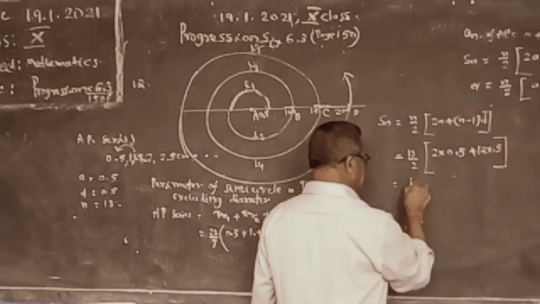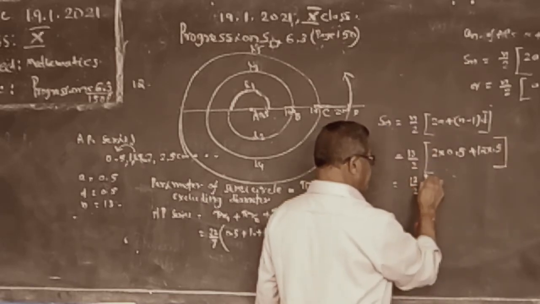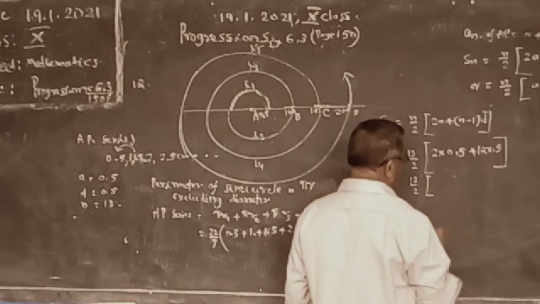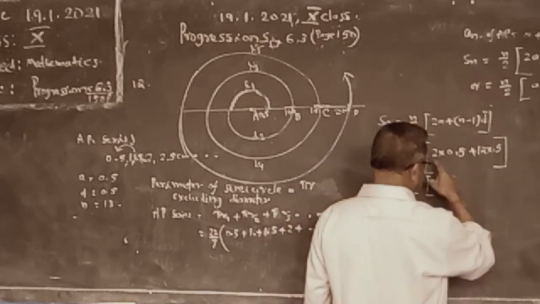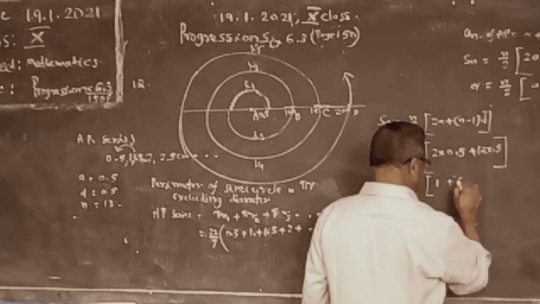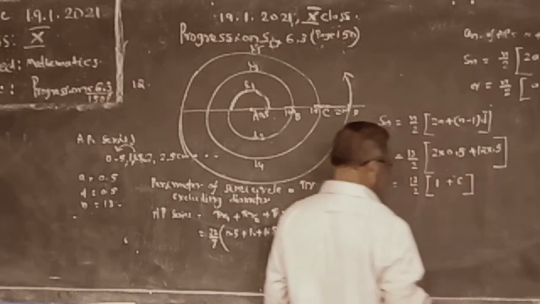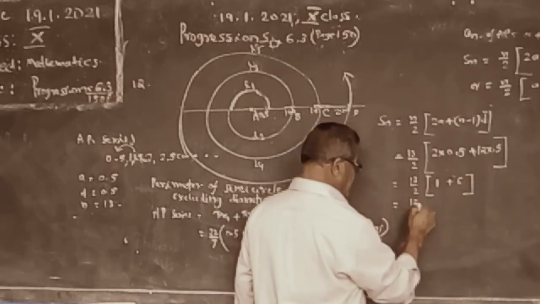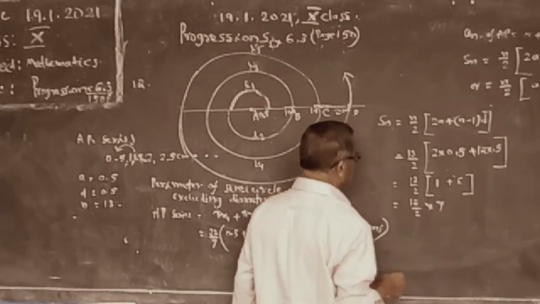This is 13 by 2 into 1 plus 6, which is 13 by 2 into 7.